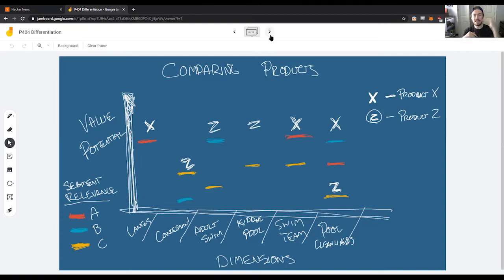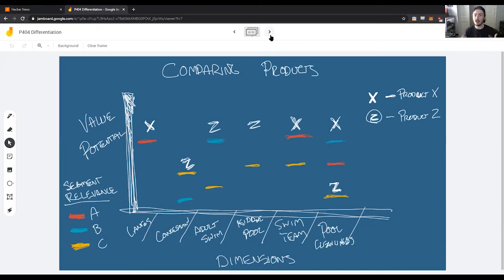They really have a high bar for pool cleanliness because they're trying to hang out and have friends and mingle. So there's a gap there for that specific audience. And if we think about what product X would need to do and what product Z would need to do in order to capture that specific segment, they would need to meet that minimum threshold of cleanliness. Where product X fails is they don't have adult swim.